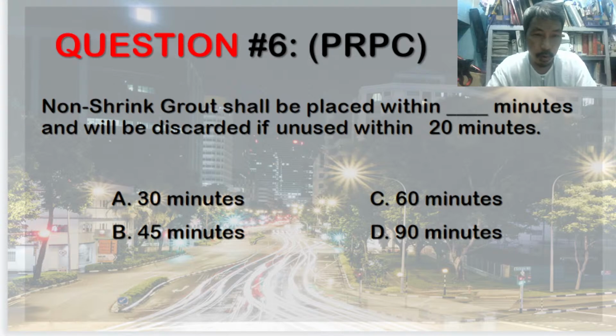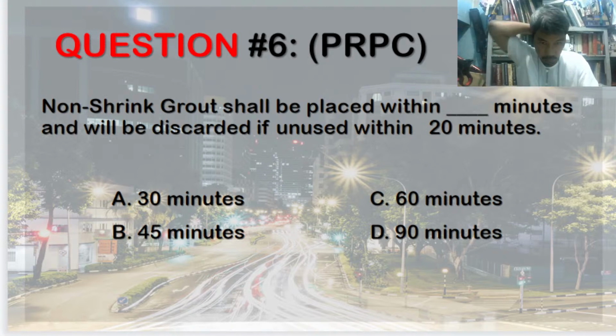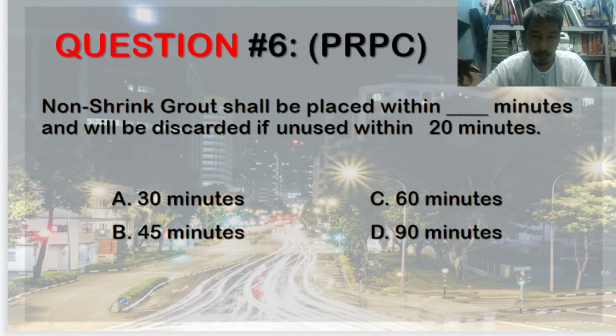Okay. So you have to use the grout within some time. So letter A, 30 minutes. Letter B, 45 minutes. Letter C, 60 minutes. Letter D, 90 minutes. So non-shrink grout is usually used for what?